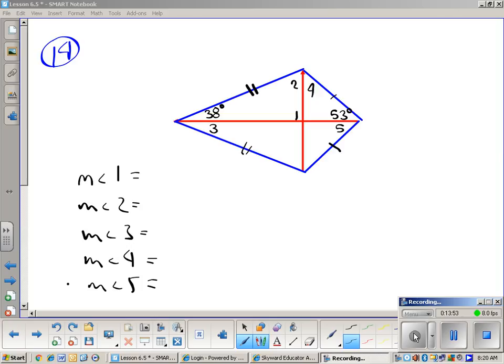You're not done? Kayla, what'd you get for angle 1? 90 degrees, because the red lines are perpendicular, because the rule says the diagonals of a kite are perpendicular, so that makes this 90 degrees. Okay, good. How did you find angle 2, Brandon?